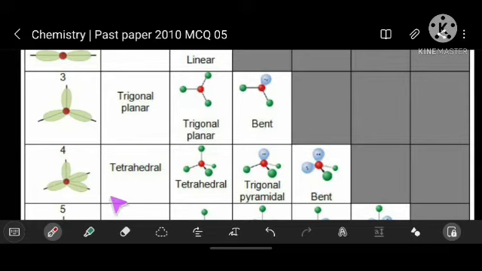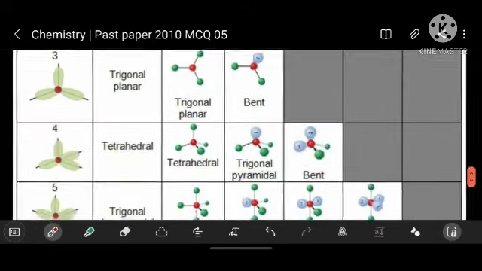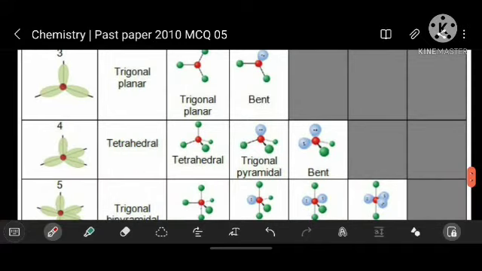But the question was not about the electron pair geometry, it is about the shape of SO3 2 minus. So here we identified the electron pair geometry, that is tetrahedral, and we know precisely the types of the repulsive units.